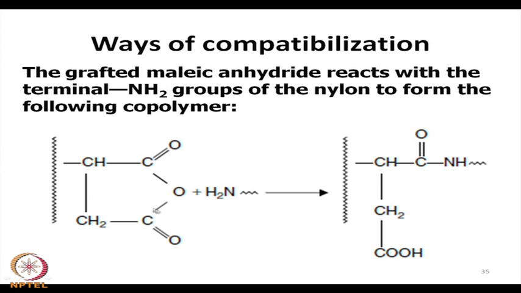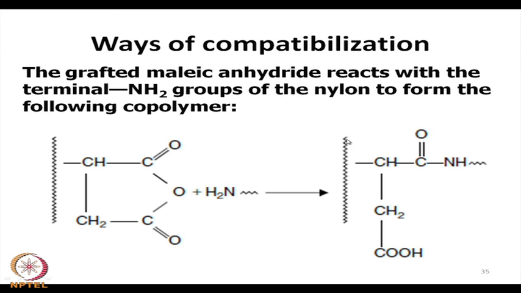So, you can say this is a kind of reactive compatibilization, and many people have tried it with different systems and found that such compatibilization through reactive blending gives excellent results of compatibility and improvement in properties of the polyblend.